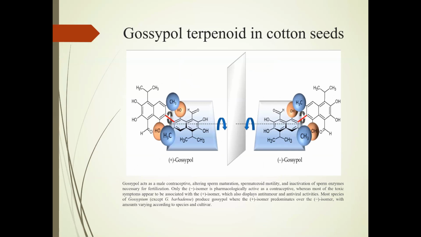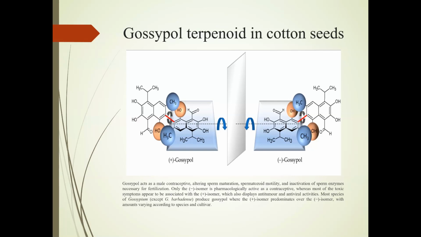Here we have gossypol, a terpenoid in cotton seeds. Gossypol actually has no central asymmetric carbon, but as you see, it has two big halves. The problem is these big parts create rotation restrictions over the carbon bond. So different enantiomers are made by this action in cotton seeds.